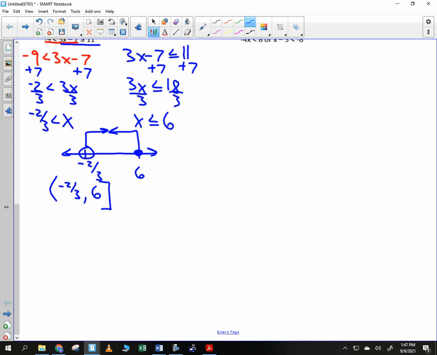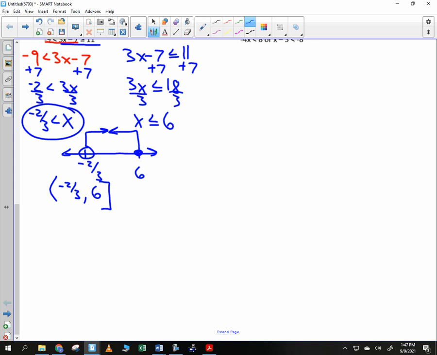First of all, your question: which way does the arrow go? We have to consider the statement. This is saying that x is greater than negative 2/3 as you read it from the variable on. So which numbers are greater than negative 2/3? The numbers over there.